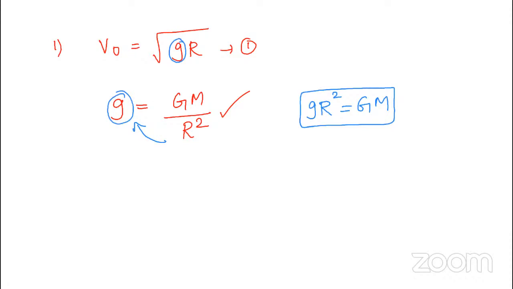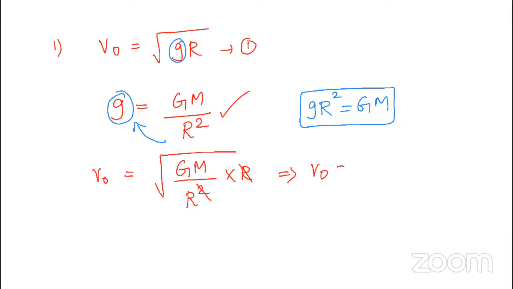What you will get is V naught is equal to square root of GM by R square into R. Now R should be cancelled. Then V naught is equal to square root of GM by R. This is the important second equation, and this is the first equation.